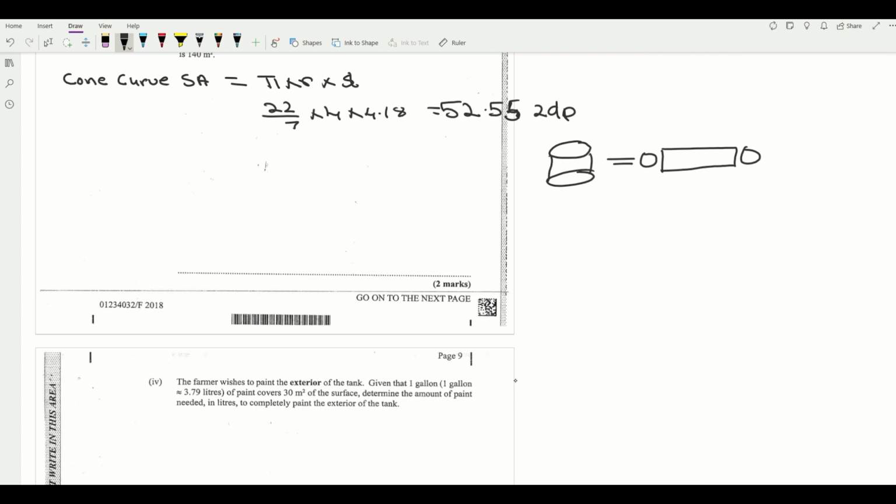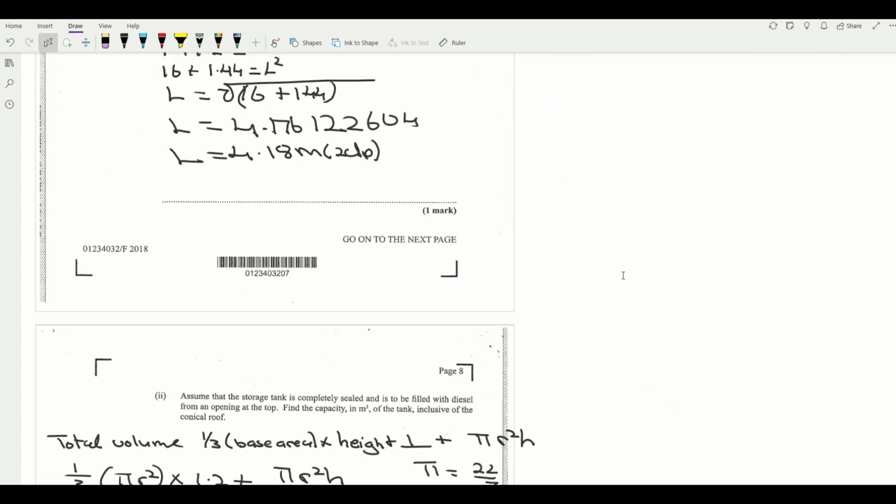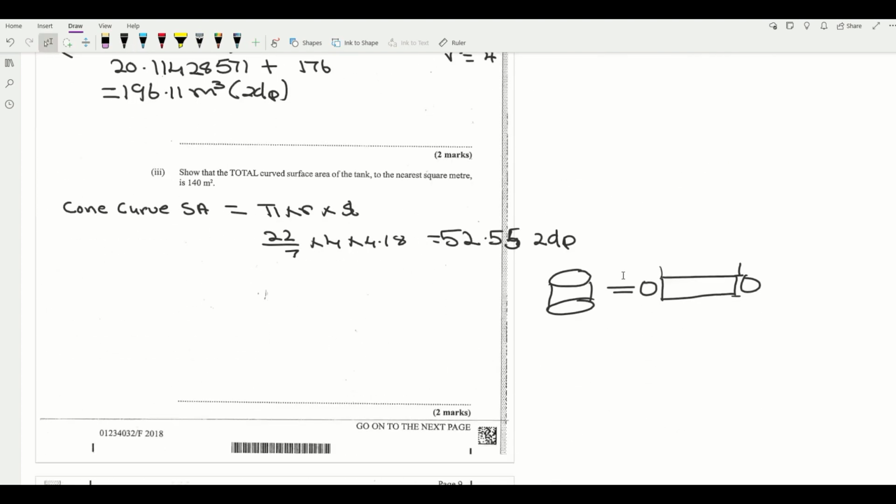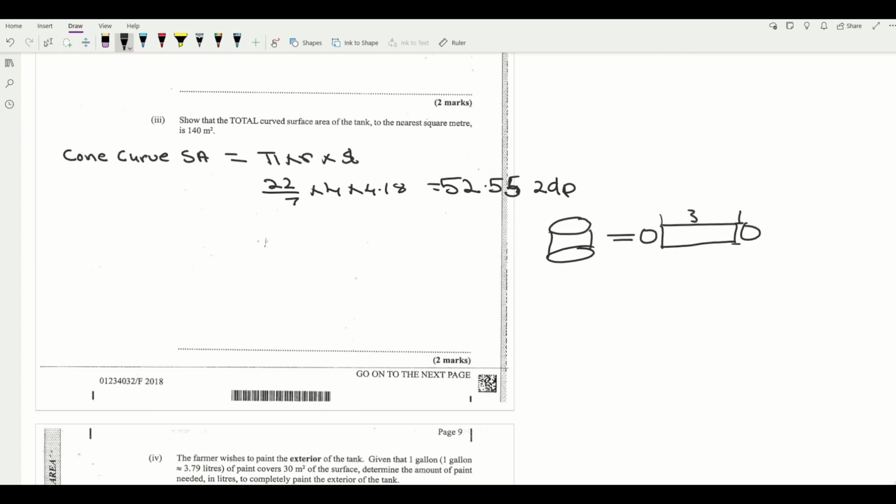So this length here is actually the circumference of your circle, and this length here would be what they gave you, which is 3.5. So this here is 3.5, and right here would be the circumference of your circle, which is pretty easy to find out.